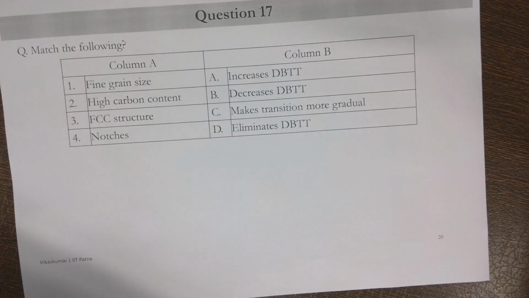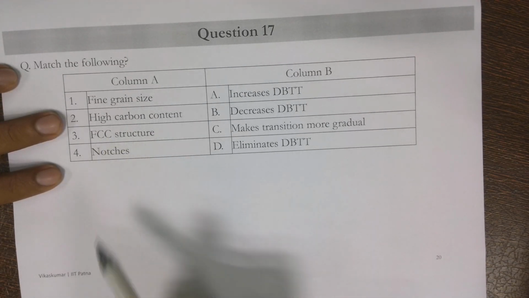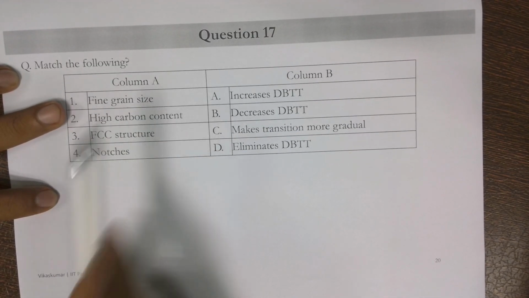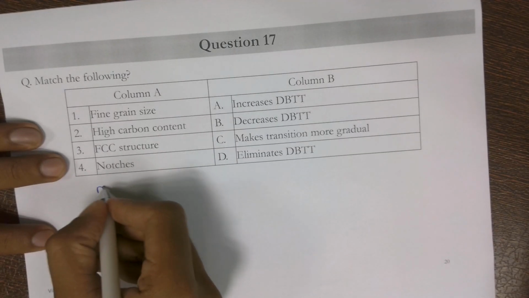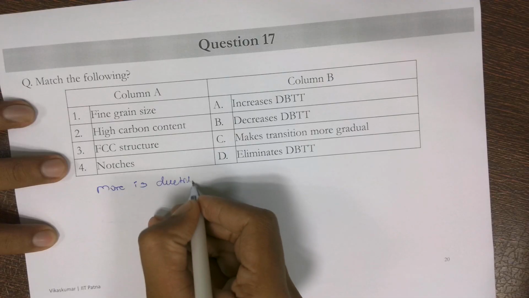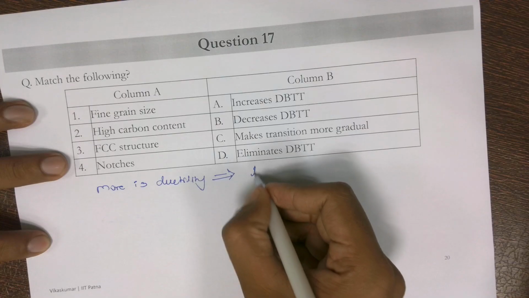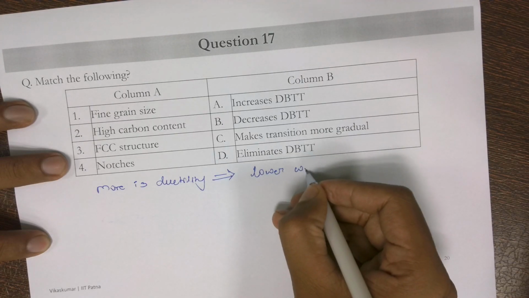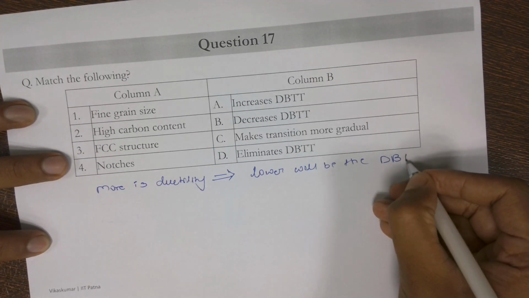Let's go to the next and final question, question number 17. Match the pair. Remember, whenever we are talking about the ductile brittle transition temperature, the more the ductility, the lower will be the ductile brittle transition temperature.